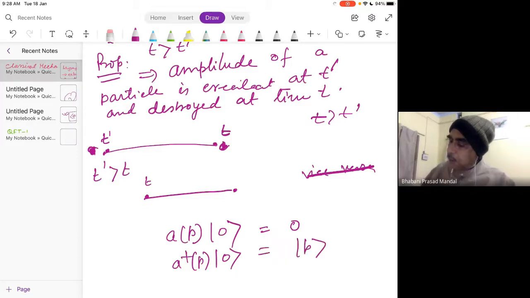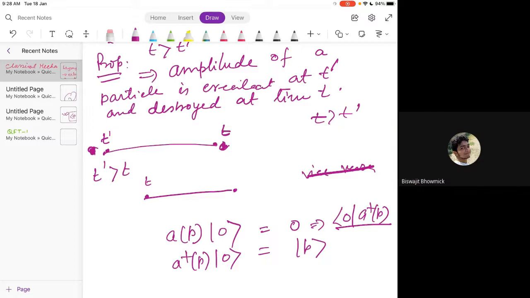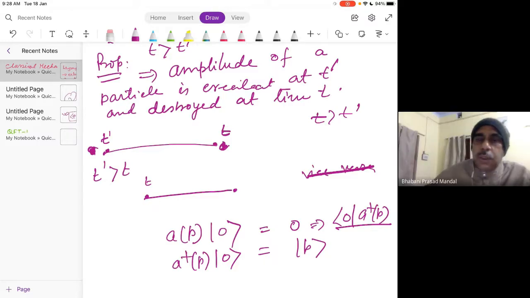Now if you take the complex conjugation, the bra vacuum a dagger p will be 0 again. A dagger we know as creation, but that is in the ket space. In the bra space, that is an annihilation. Good. Any other question?